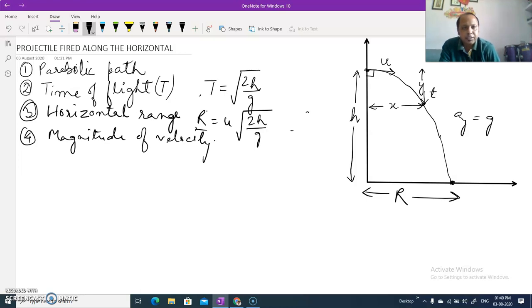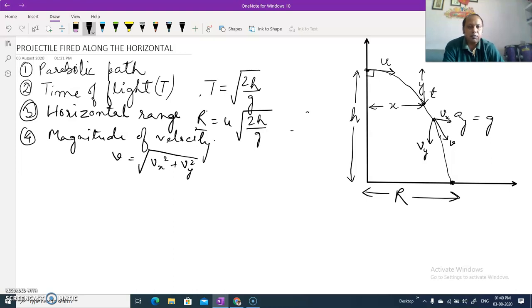Suppose you consider this point, and at this point, this is the direction in which the body is moving, velocity v. It has component along x-axis given by vx, along y-axis it will be given by vy. So we know that the velocity will be given by root over vx square plus vy square.